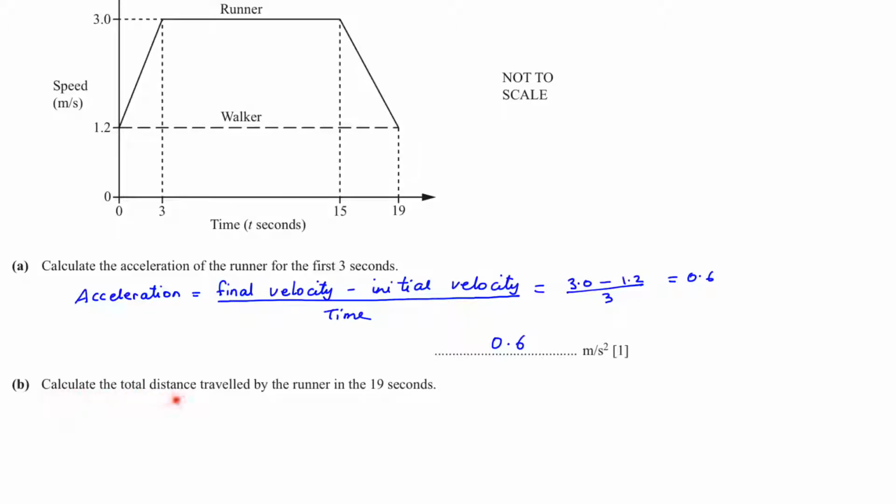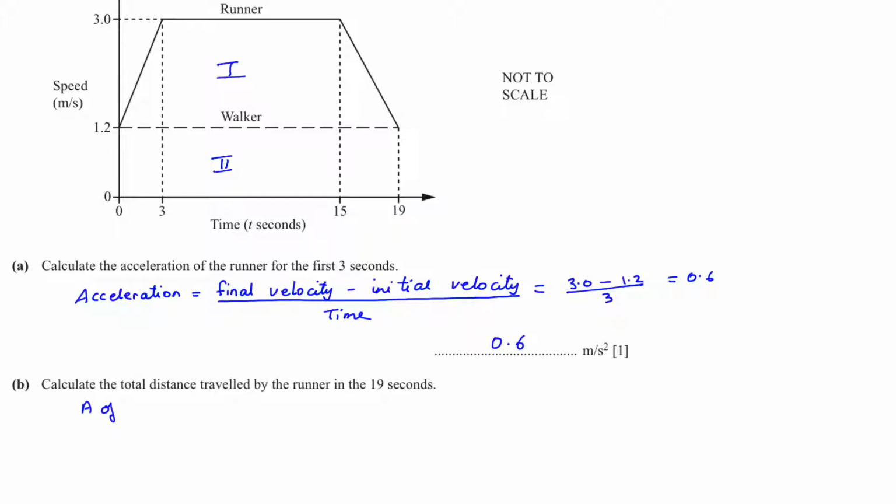Part B, calculate the total distance traveled by the runner in the 19 seconds. To find the distance in a speed time graph, we need to find the area. So when you find the area, you will get the distance. We will divide it into two parts. We will make the first a trapezium and the second one a rectangle.